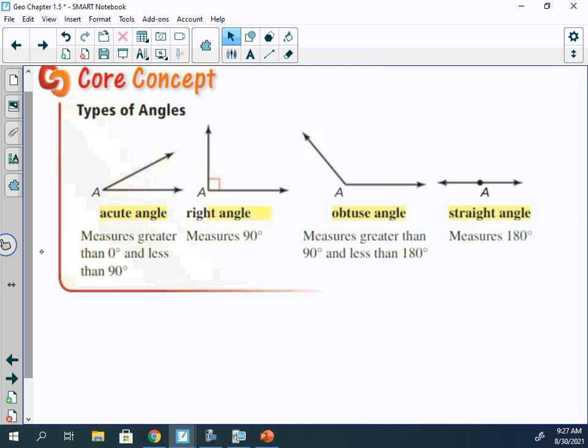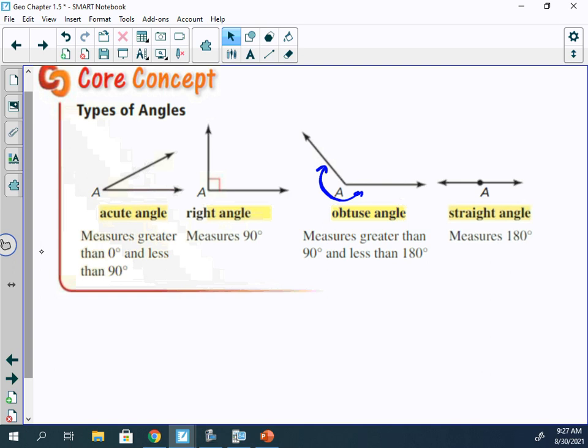Now, if we go past 180, we actually measure the smaller of the two angles. Because if you notice here, on an obtuse angle, the bottom side of it is greater than 180, yes? But we don't talk about that one, we talk about the one that is less than 180.